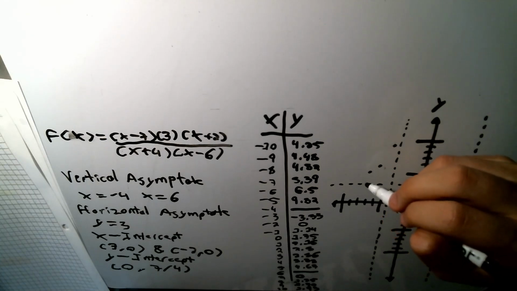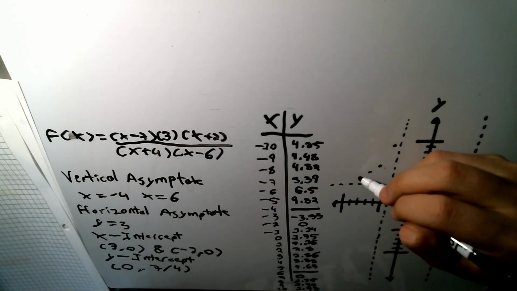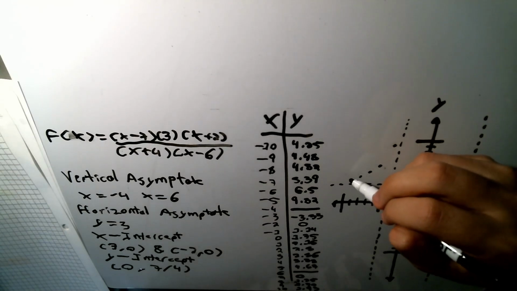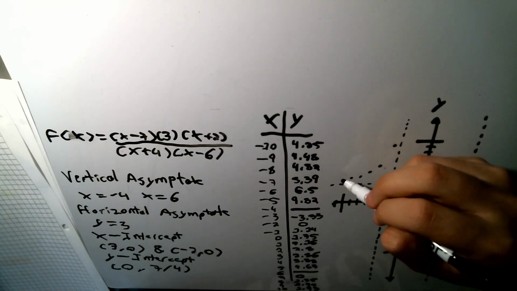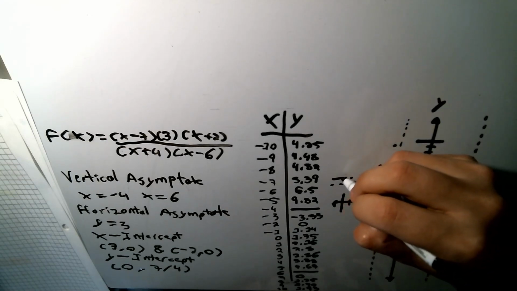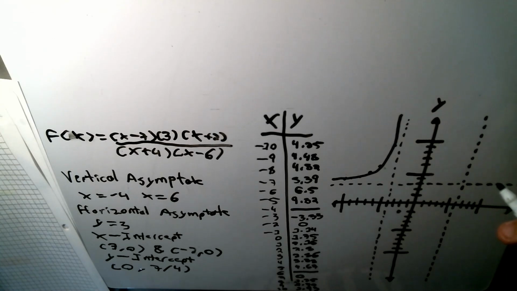Minus 8 is 4.82, which is here. Minus 9 is 4.48, which is here. And minus 10 is 4.25, which is here. Okay, so we have this one. Now we're going to graph the other two parts.